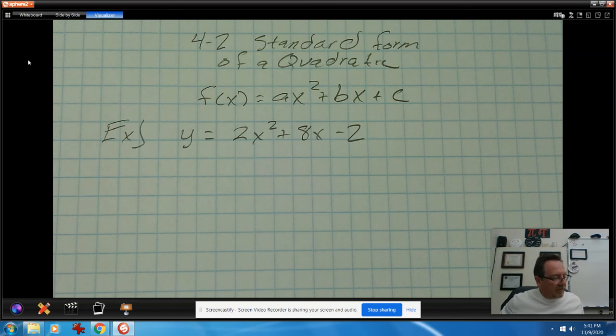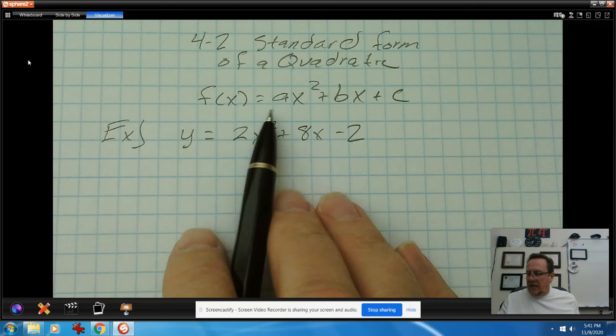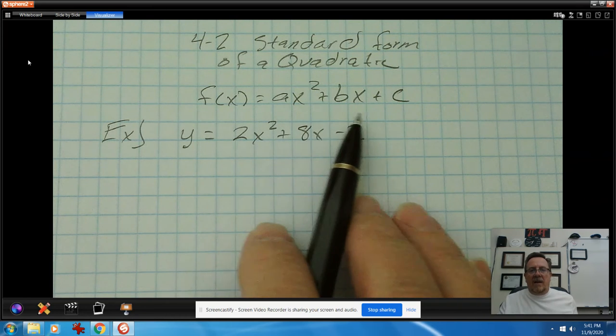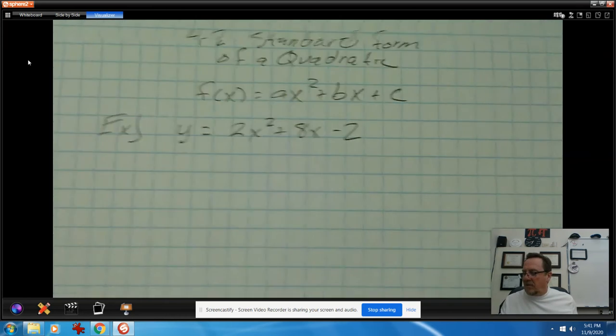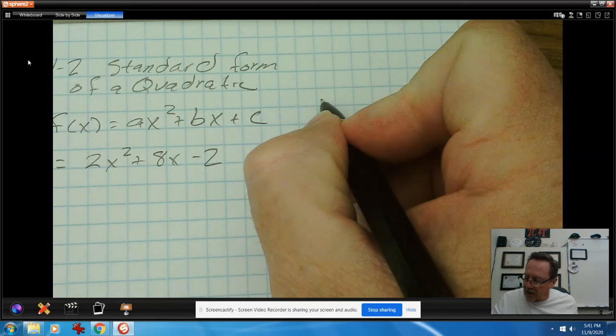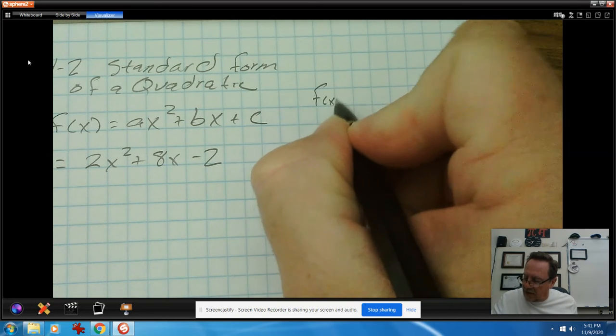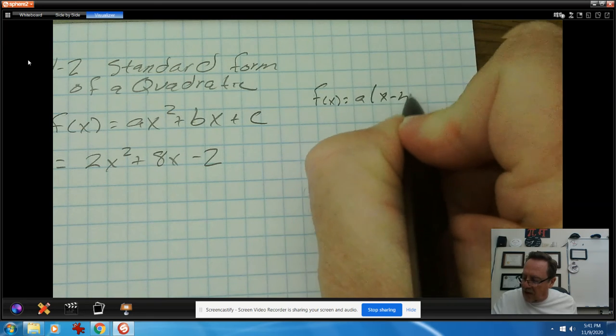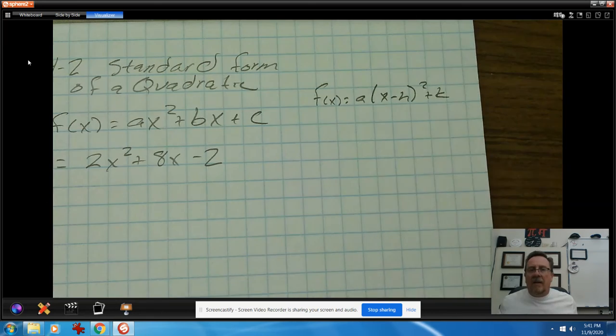Anyways, back to actually maybe drawing some of these things. Standard form is something that looks like this. So you've got f of x equal to ax squared plus bx plus c, as opposed to what we were looking at before, when we said basically f of x is equal to a times the quantity x minus h squared plus k.